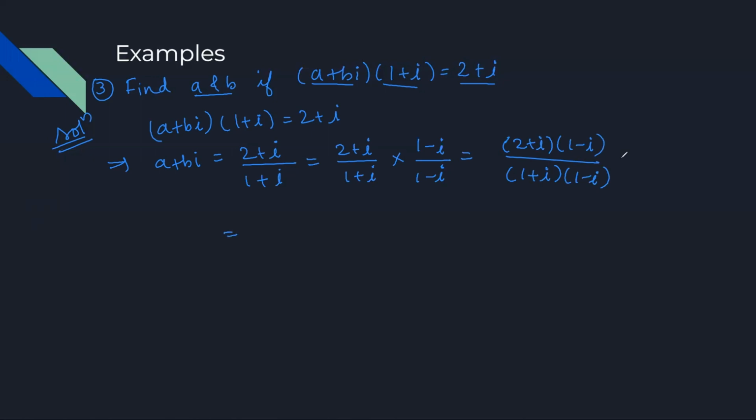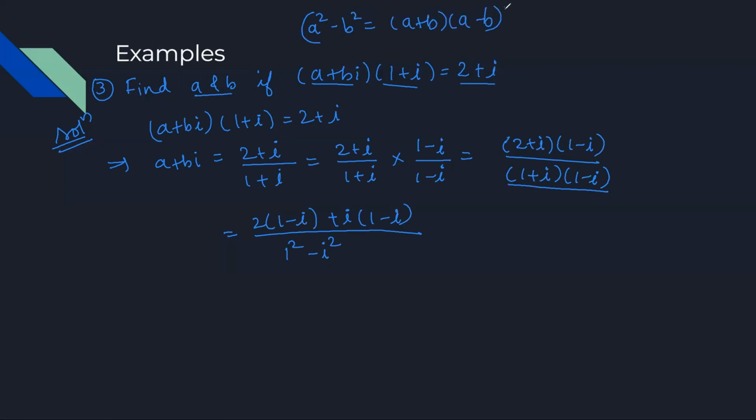If I calculate this, I will get this step. Try to understand this step. This is 1 square minus i square. This is a formula. If you remember the formula, a square minus b square equals a plus b times a minus b. So I have used this formula. So this is a and this is b.